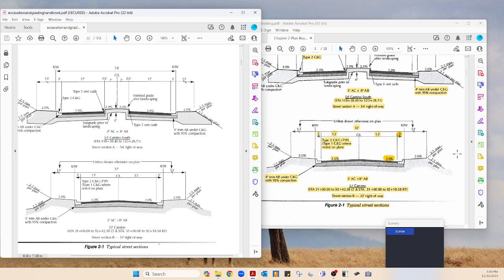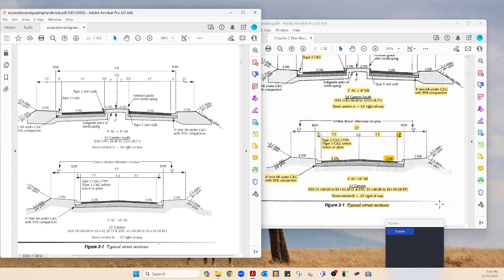And this will probably move back. This doesn't show a sidewalk. This right out in here I would say would just be the front yard. And it would probably continue at that 2%, so that if the house was sitting over here, that whole lot the house is on will drain out to the curb, and it finds a catch basin along the gutter line of the curb, and that's where the storm water, rainwater will go.